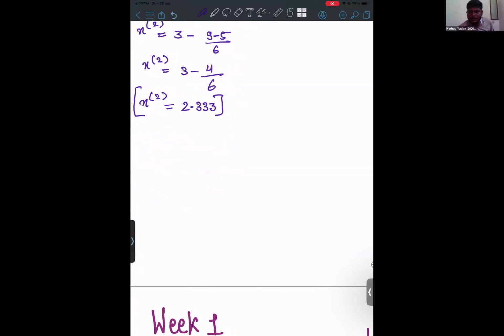Good, good. So Dipankar has found all the values. So you see, after the third iteration and the fourth iteration, it almost got converged. If you see Dipankar's value, yes, it is converged. So for the sake of completion, I will also solve this. x at the third iteration is x at the second iteration minus f at the second iteration divided by f prime of x at the second iteration.